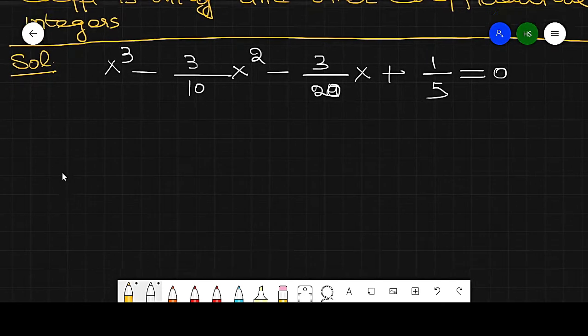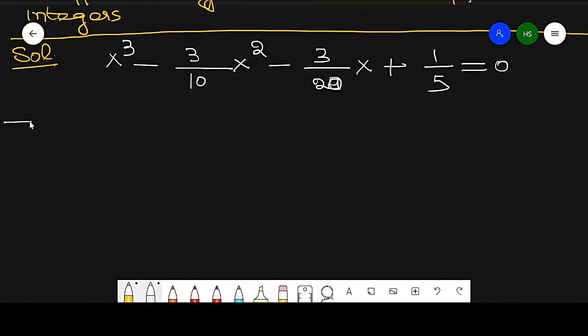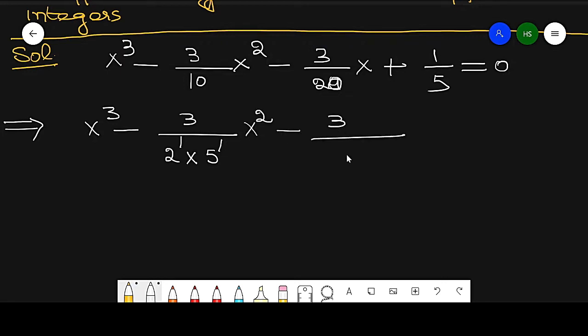Now this can be written as x cube minus 3 by 2 raised to power 1 into 5 raised to power 1 x square minus 3 by 2 raised to power 2 into 5 raised to power 1 into x plus 1 by 2 raised to power 0 into 5 raised to power 1, which is equal to 0.